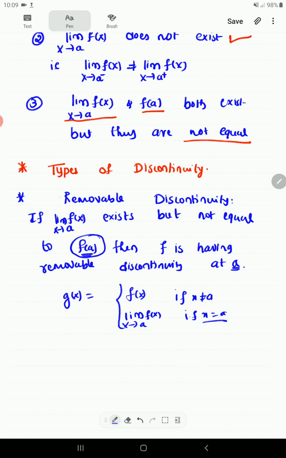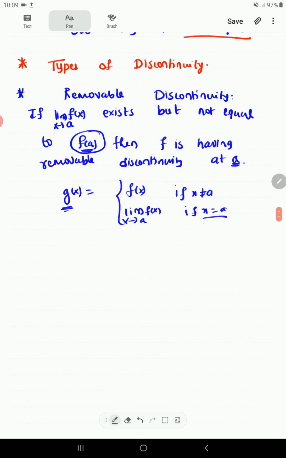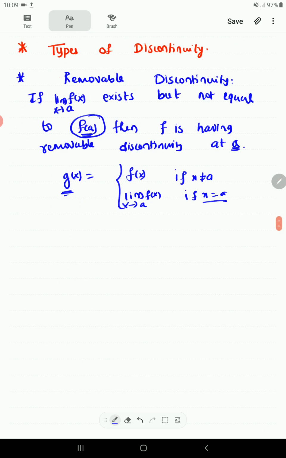If we define it this way, then the function becomes continuous, so it is called a removable discontinuity. After defining it this way, the function g will become continuous at x equal to a.